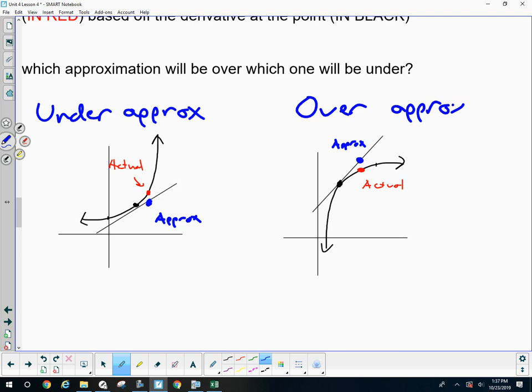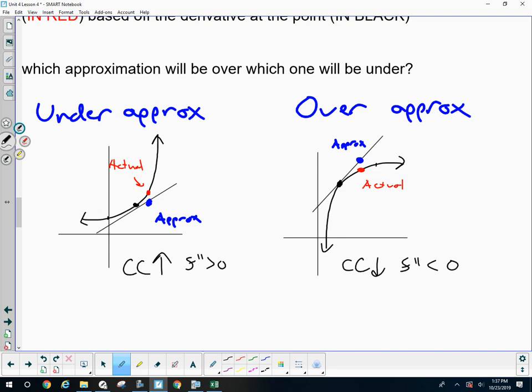What is the difference between the two functions that you see? Discuss that with your neighbor. I love how we look and notice the difference in the concavity. This is concave up, this is concave down. This means its second derivative is positive, this means its second derivative is negative.